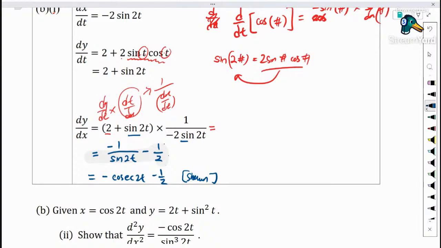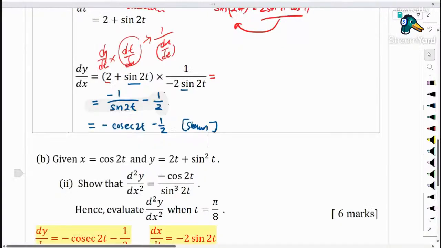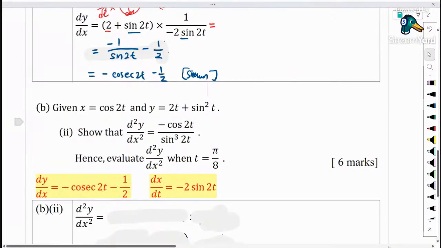Then we go for the calculation of the second derivative, and then we get the answer. The second derivative is also shown. If you fail to show it, you can do the hands-on part, substituting pi over in for further calculation. Anyway, let us see how to get this answer.